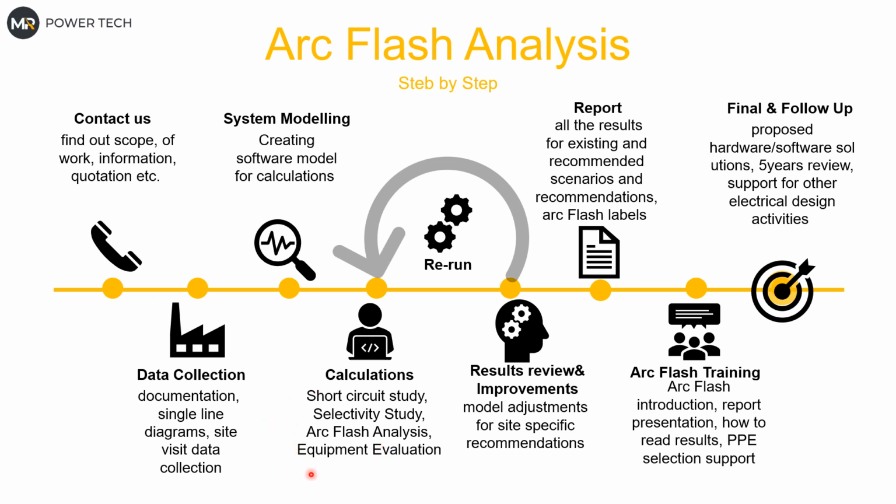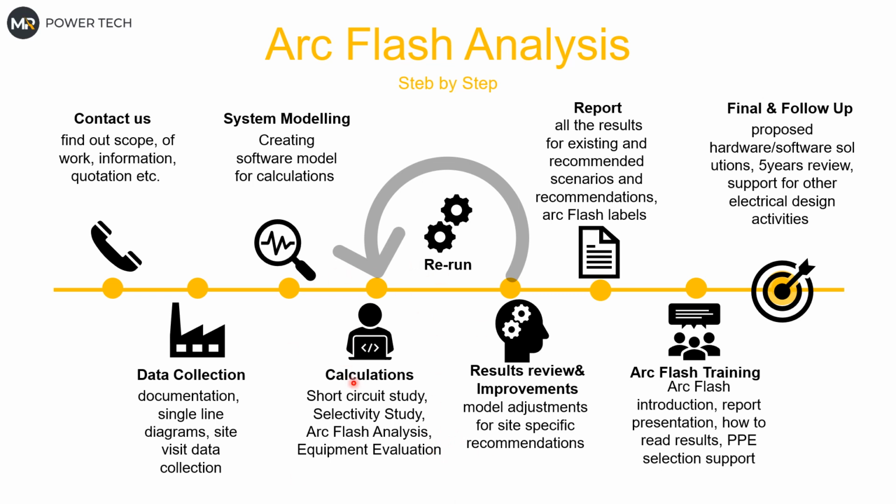Equipment evaluation is just checking with the short circuit, most of the time, if our system is properly designed and will withstand the currents in the network. Selectivity study is just a base to check if our protection is made properly, and it will be necessary for arc flash analysis later.